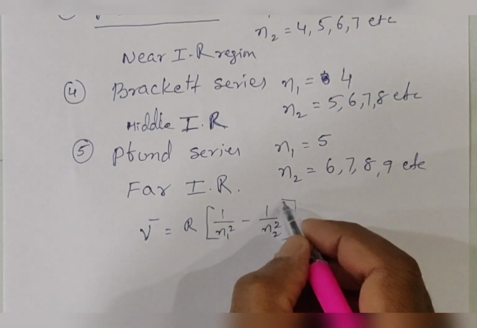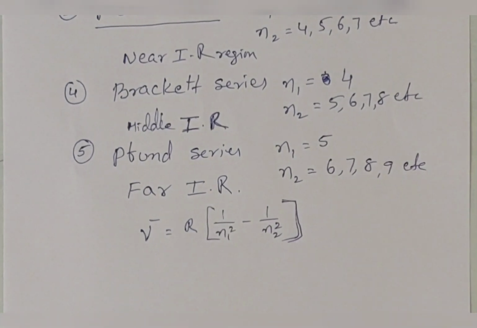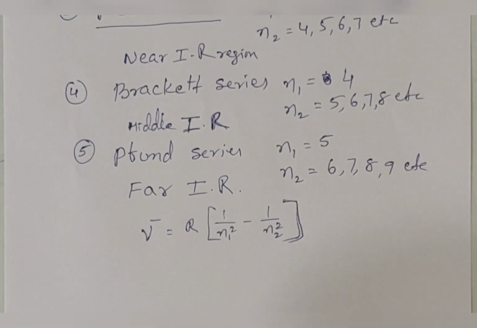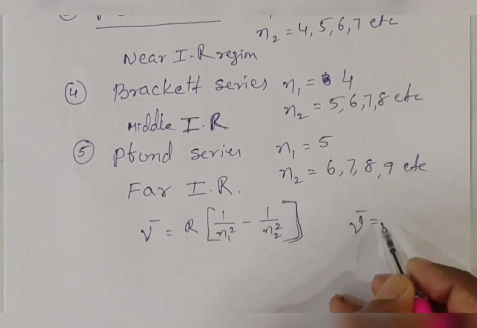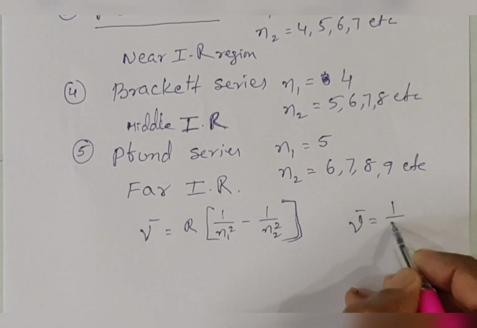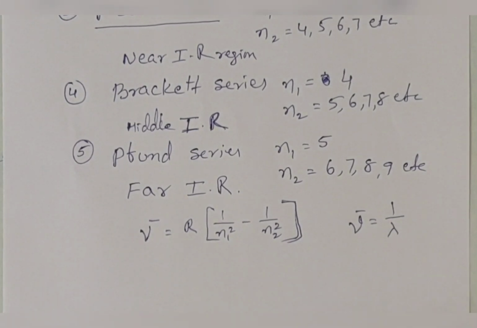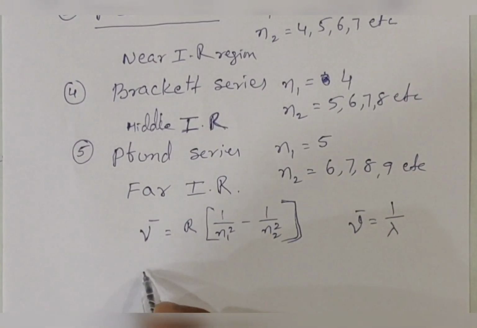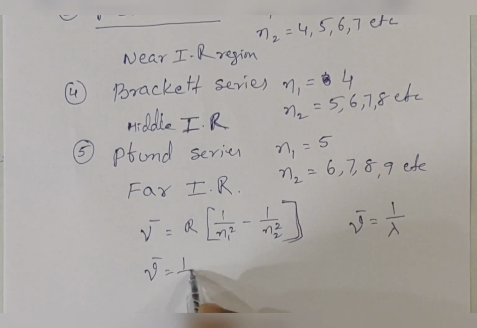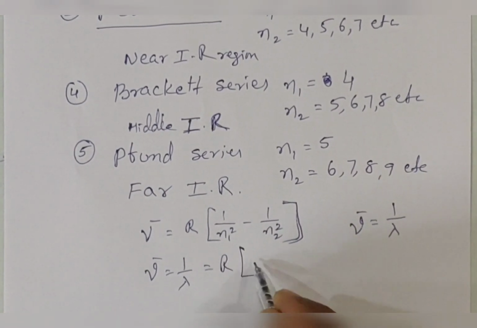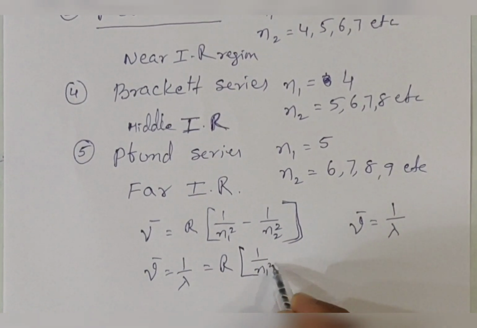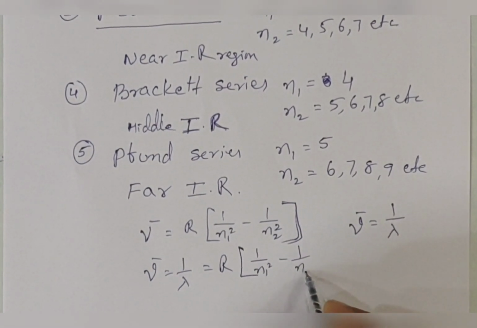This expression is used to calculate nu bar, where nu bar is equal to 1 by lambda, the reciprocal of wavelength. So nu bar is equal to 1 by lambda is equal to R into 1 by N1 square minus 1 by N2 square.